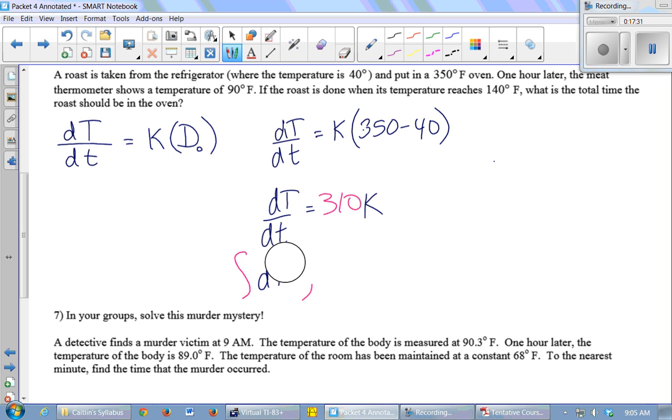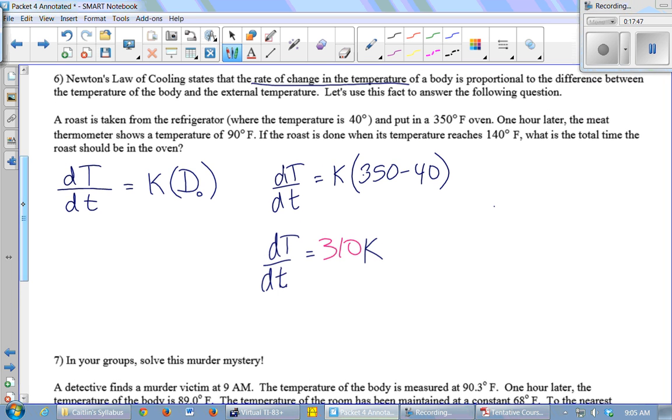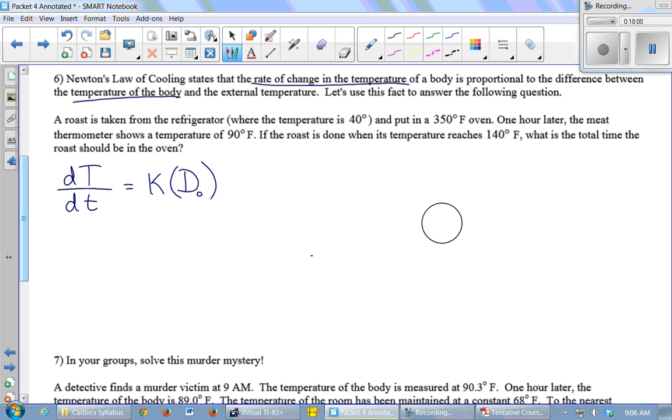I didn't finish writing down the equation. It's proportional to the difference in the external temperature. The temperature of the body is a changing quantity, otherwise it would be a constant rate of change, and that's not true. So I've got Newton's law of cooling interpreted wrong.